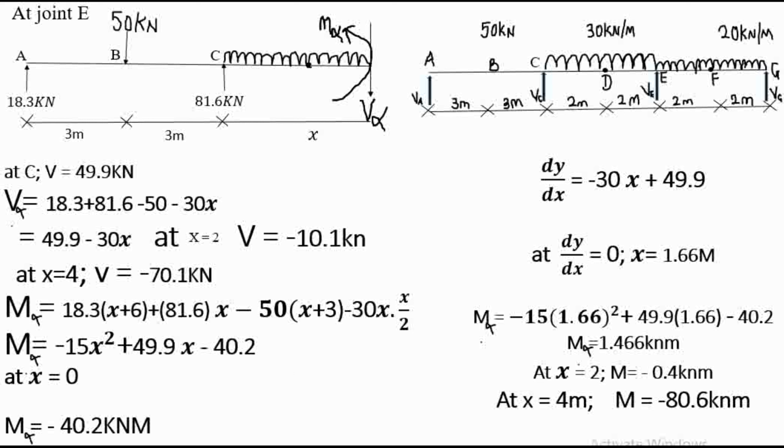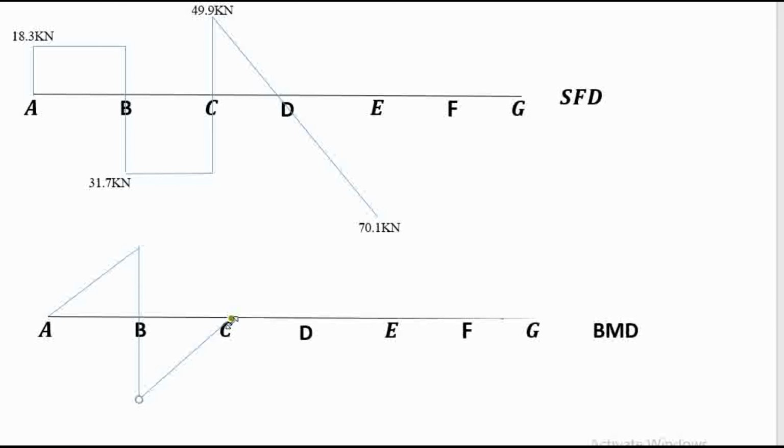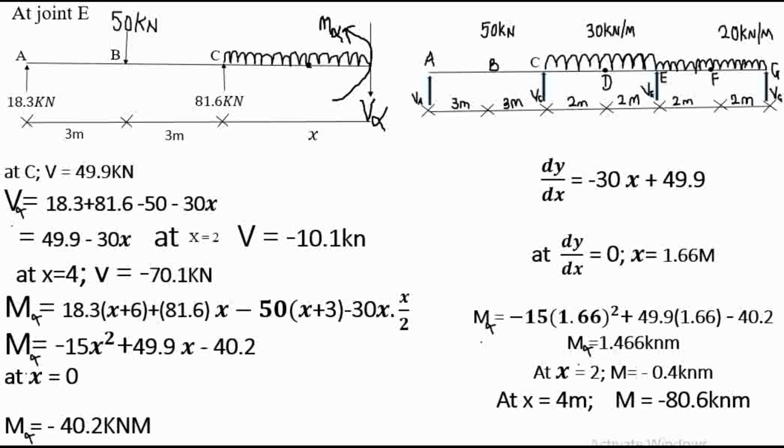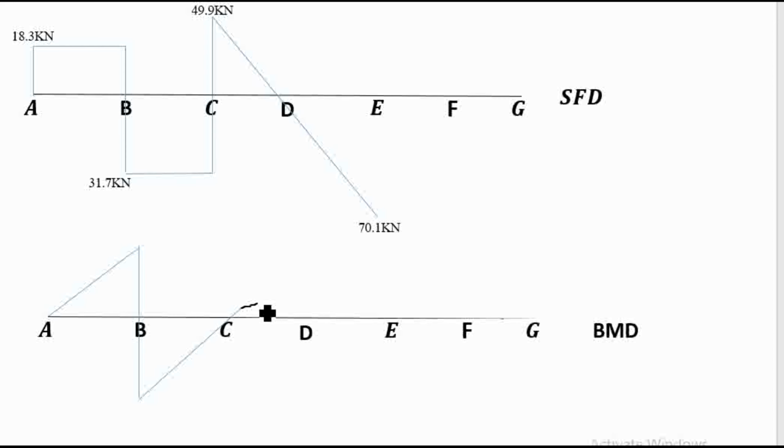Now let's try to represent what we have gotten in the bending moment diagram. Remember, this one is going this way, and it's going to turn at the value that we got, which is at 1.466 kilonewton meter. It will curve this way, and here it will start tending towards 0 because the moment there is 0.